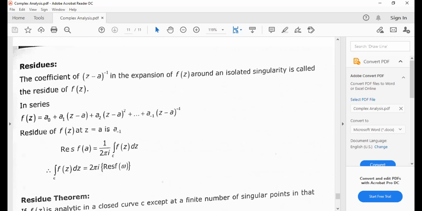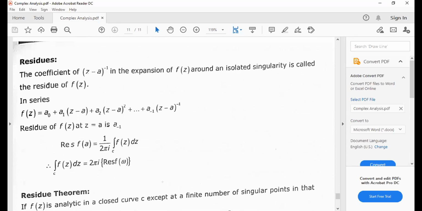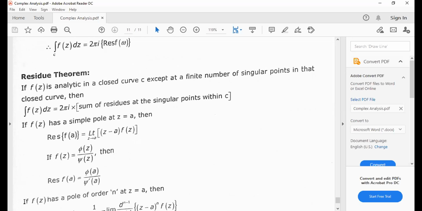The coefficient of z minus a whole power minus 1 is the coefficient we call the residue. At the pole, the residue is given by this formula: residue of f at a equals limit as z tends to a of z minus a into f of z.